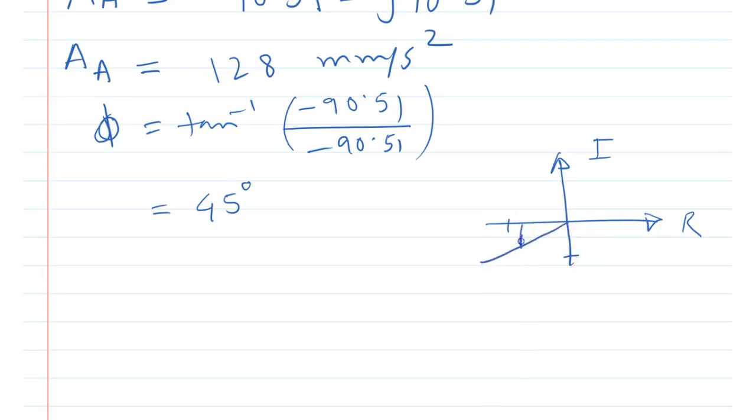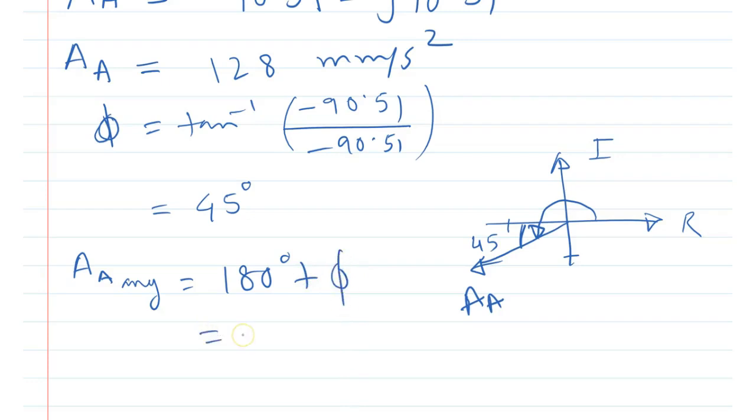So the angle we calculated is this angle, and this is our linear acceleration AA. We want the angle with the positive x-axis counterclockwise, so the angle should be with this one. So our pin joint A acceleration angle would be 180 degrees plus phi, so ultimately the angle would be 225 degrees, and that is your answer for task 3, which is the linear acceleration of pin joint A.